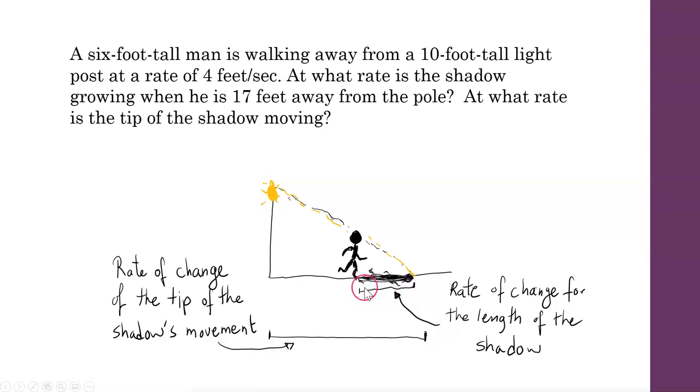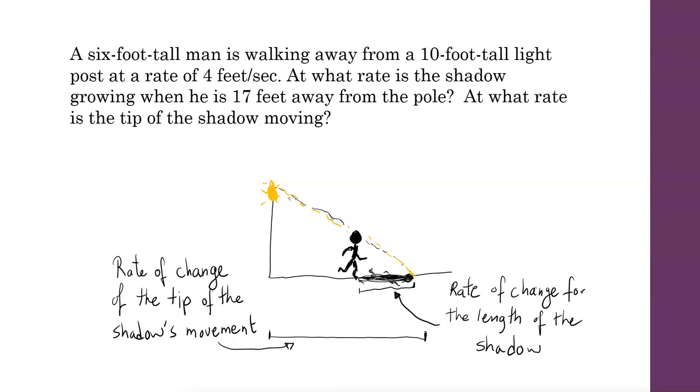One of them is the length of the shadow, and the other is how fast the tip of the shadow is moving away from the light post. I'm hoping at this point I have a pretty good grasp of what they're asking me to find. I've digested the information that's given.